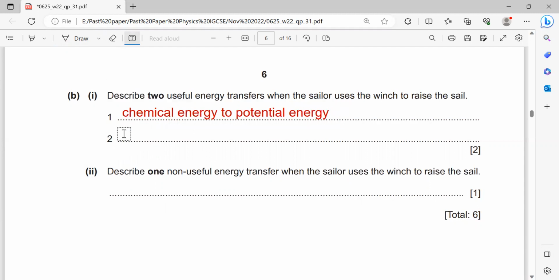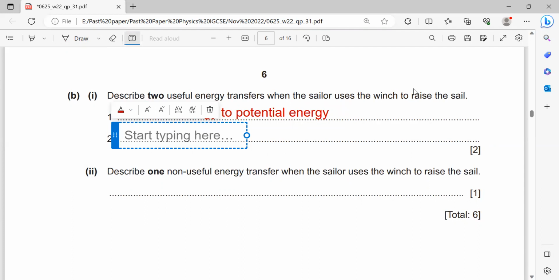Secondly, chemical energy as well from the sailor becomes kinetic energy.